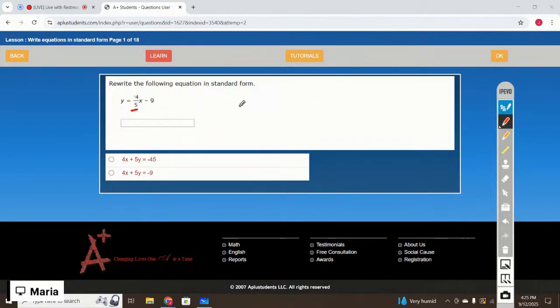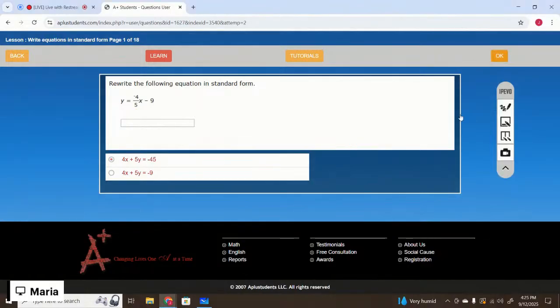Let's just multiply the equation by 5, right? 5y equals negative 4x minus 45. 4x plus 5y equals negative 45. Option number 1 is the correct option.